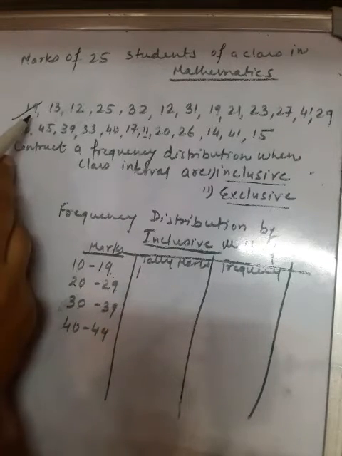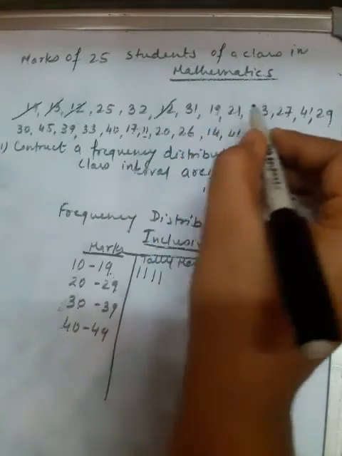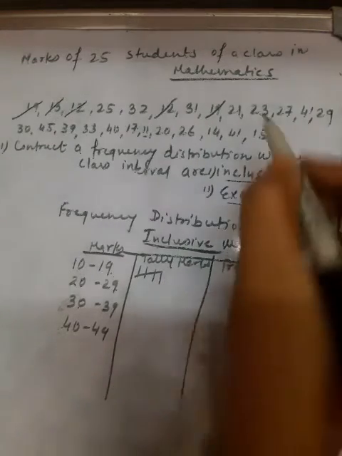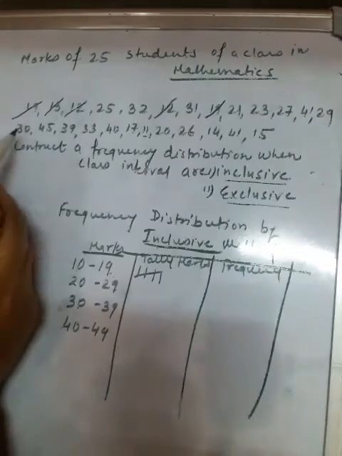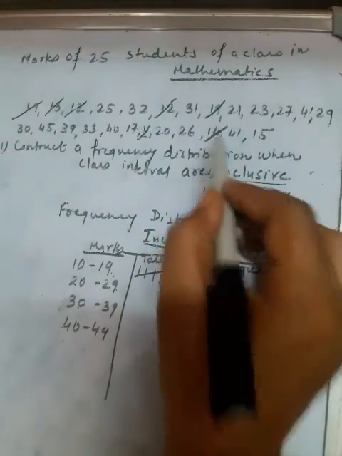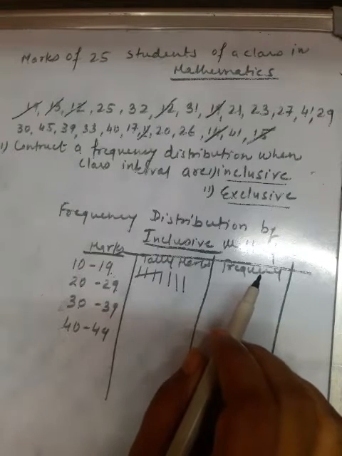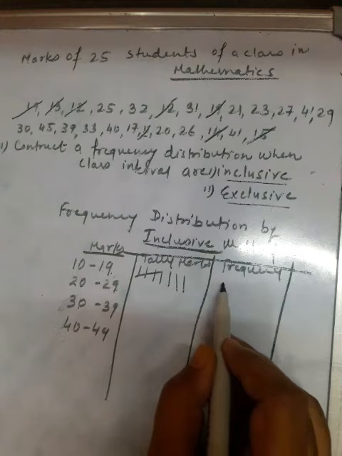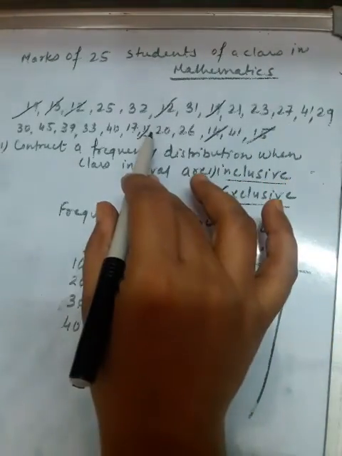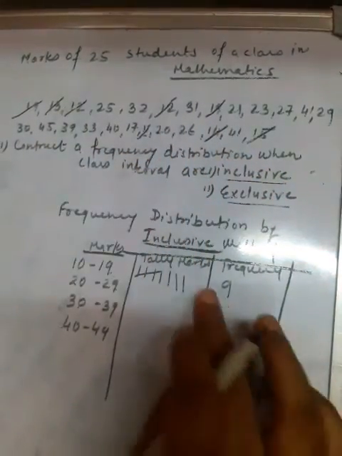The first tally mark is 19, then 13, then 12, then again 12, then 19, then 11, 6, 14, 15. Here the frequency will be 1, 2, 3, 4, 5, 6, 7, 8, sorry, that would be 8.